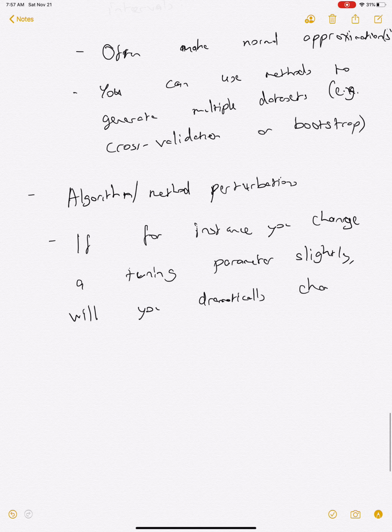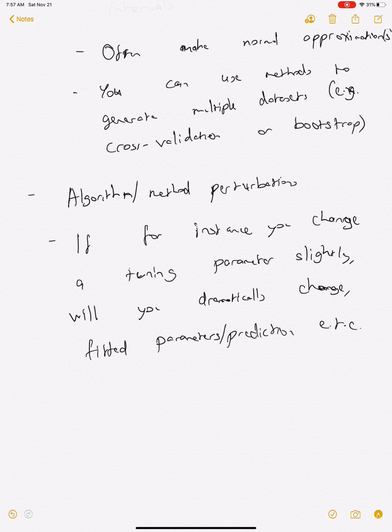Dramatically change fitted parameters or prediction.